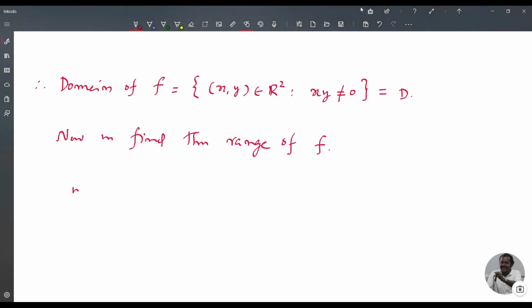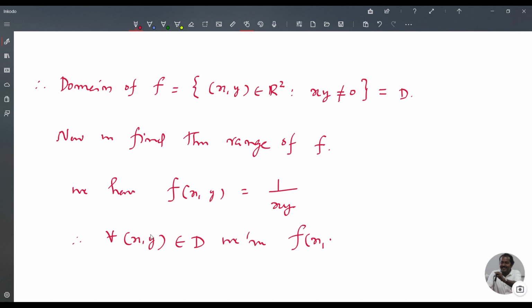Now we find the range of f. So we have f of xy is 1 by x into y. Therefore, for all x, y in the domain of f in this set, we have f of xy is not equal to 0.